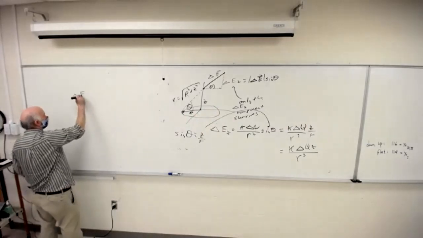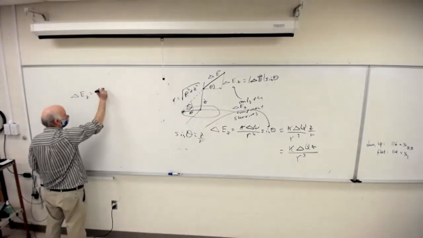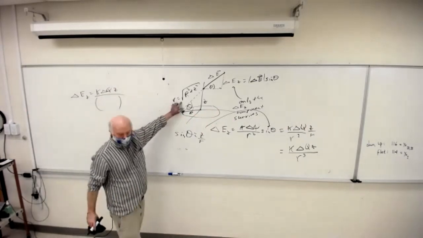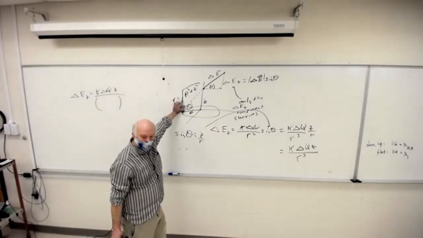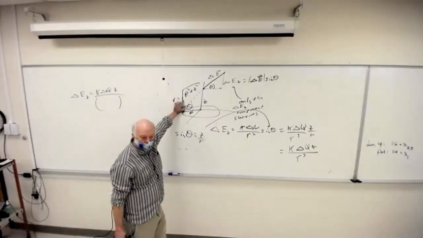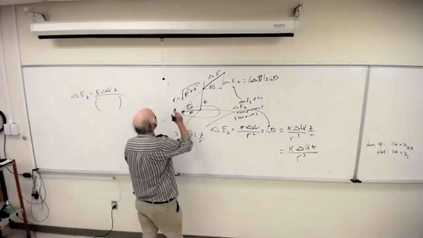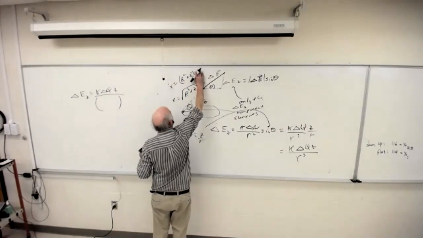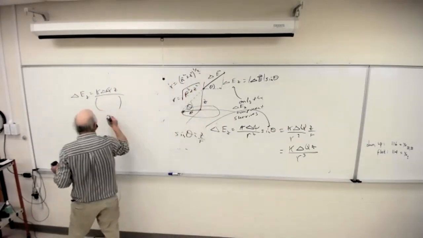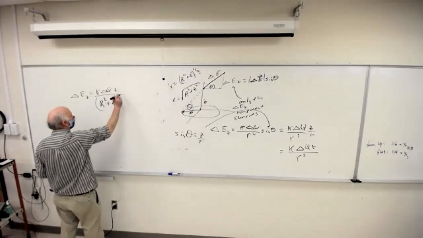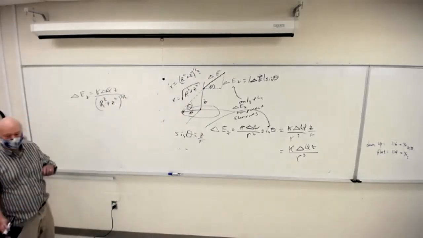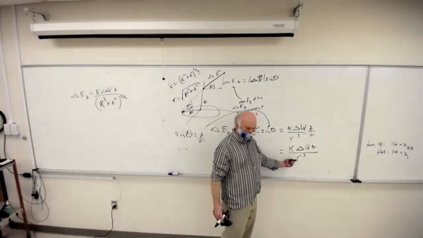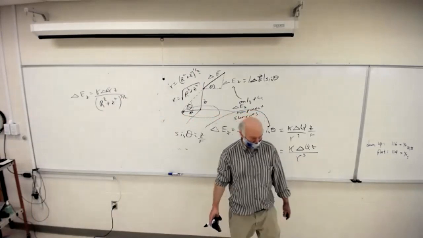This tells me delta EZ equals k delta Q z over... What's another way of writing the square root? Same as raising it to the 1/2 power. So this is really R squared plus z squared to the 1/2 power. If I put this in here, this gives me R squared plus z squared to the 3/2 power, because it's coming in cubed. Because this little r here is to the 1/2 power, so if you cube it, you get it to the 3/2 power.